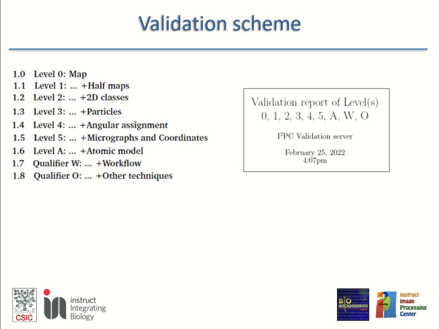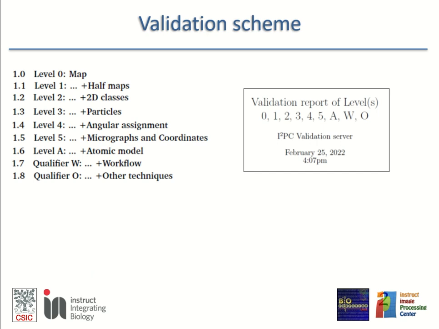And we propose a validation of the maps that is based on different levels. The most basic level is just having the map, and now we have moved as a field to level 1, where you are required to provide the map. But then many more levels are possible. So you also have 2D classes on your path.